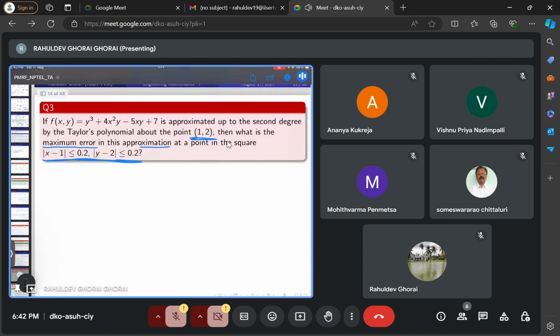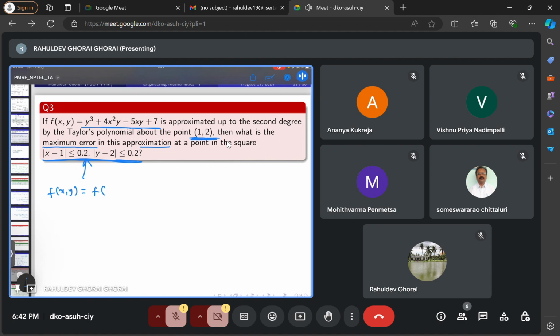This is the domain where you have to find out the maximum error if you approximate this function by the Taylor's series expansion, Taylor's polynomial up to second degree. Okay, that is fixed. So you know f of xy, when it is approximated up to second degree, how will the error term look?